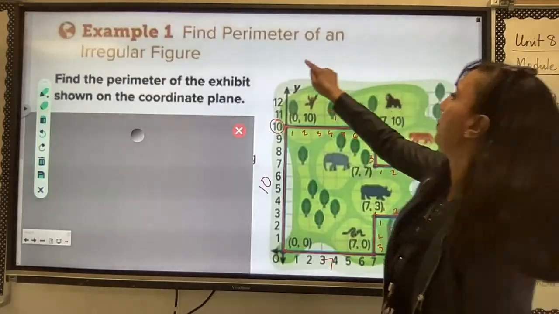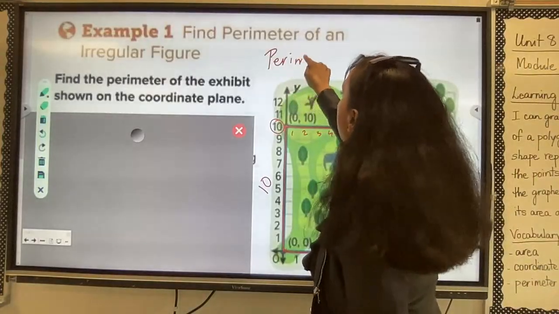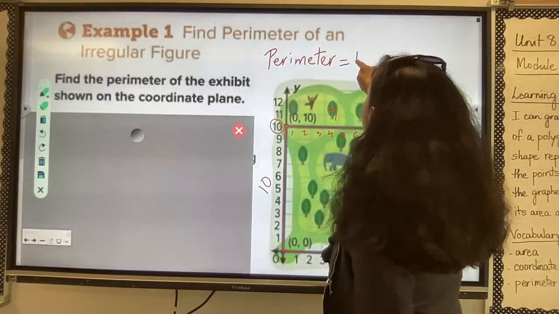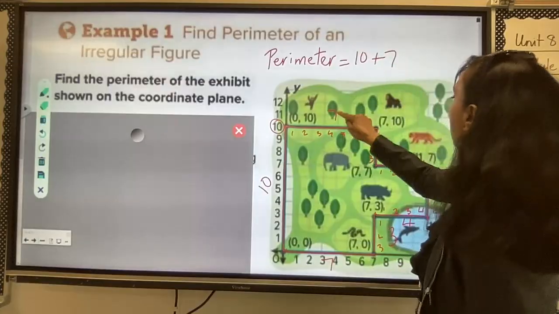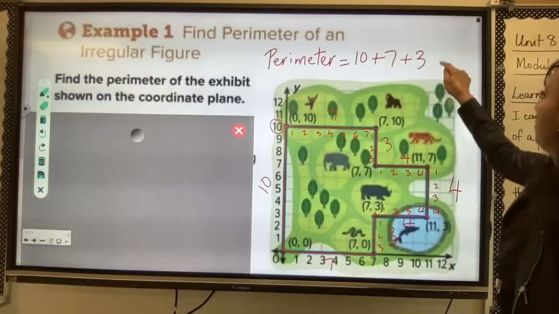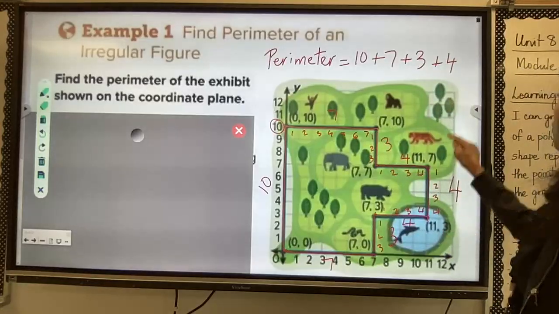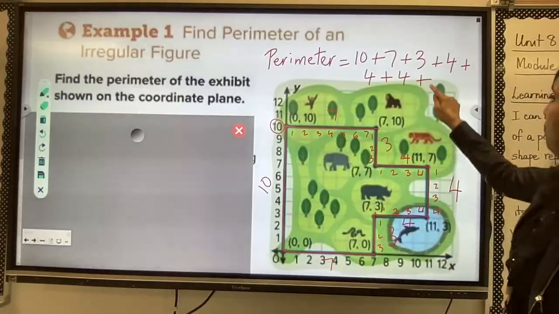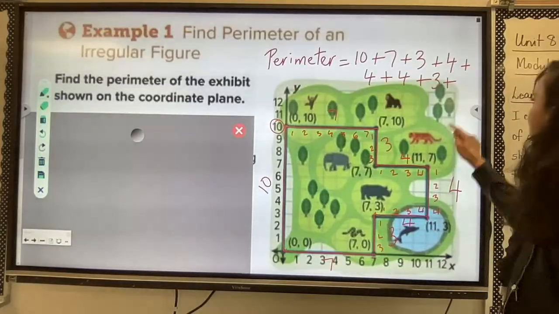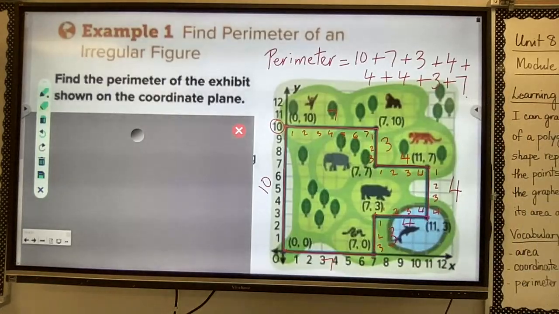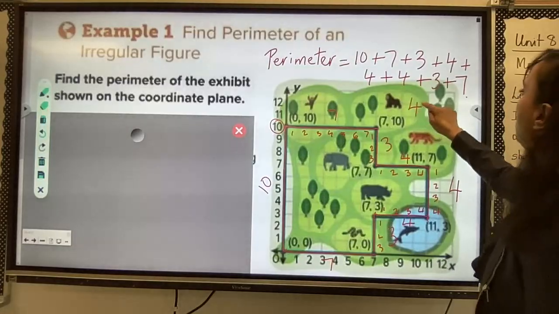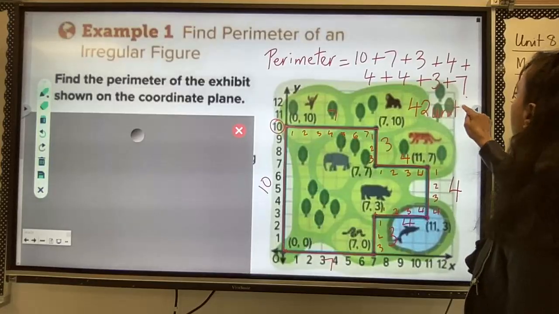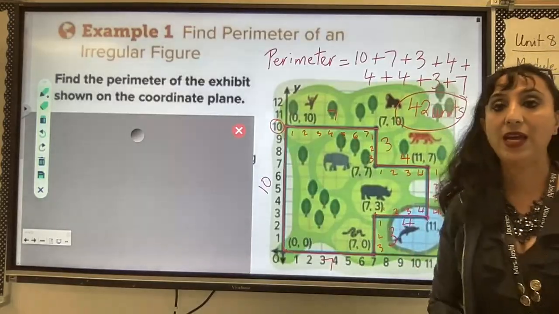So to find the perimeter, I add 10 plus 7 plus 3 plus 4, 4, 4, so there are 3 4s, plus a 3 over here, plus a 7 over here. You've got to add all the distances, and when I add this all together, I get 42 units as my perimeter.